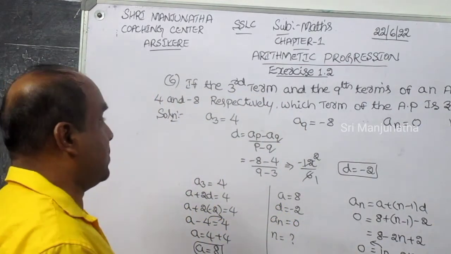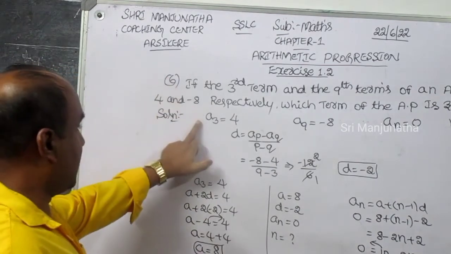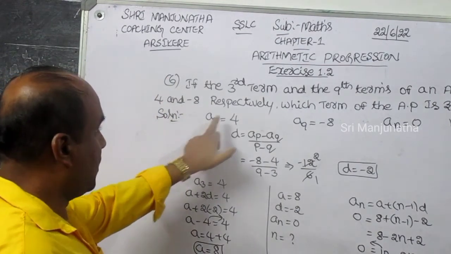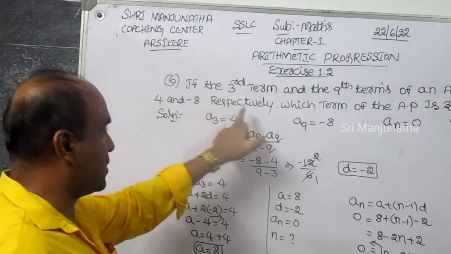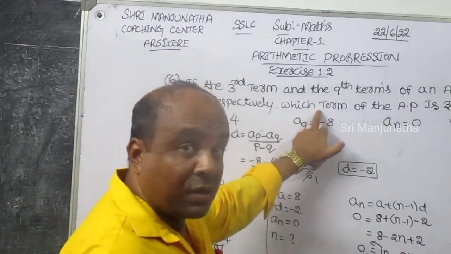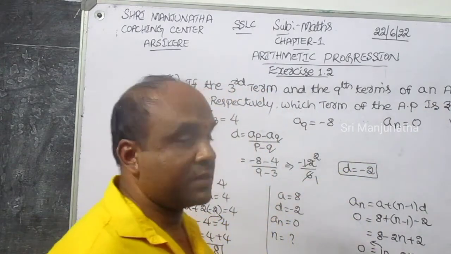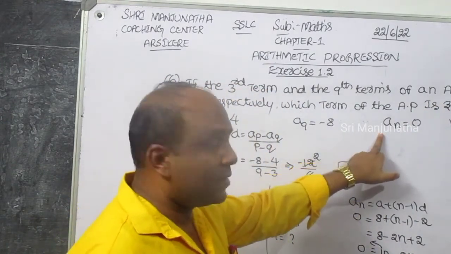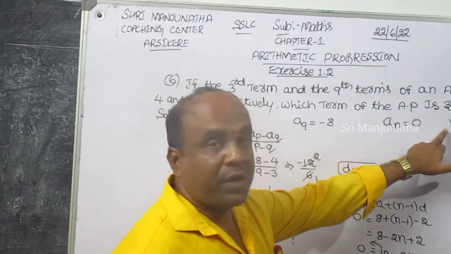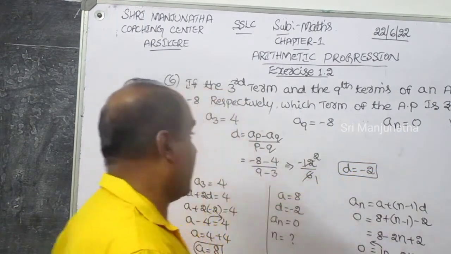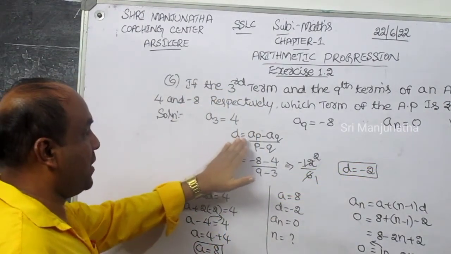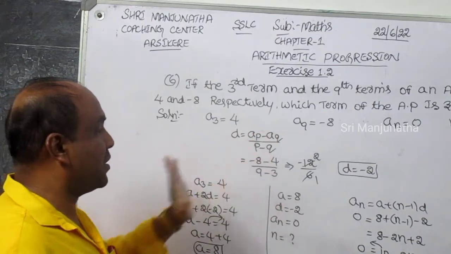Okay, I have to explain it once again. The third term is 4. The ninth term is minus 8. Which term of the AP is 0? That means the nth term is given as 0. We should find out the value of n. The formula for d is (ap minus aq) divided by (p minus q).